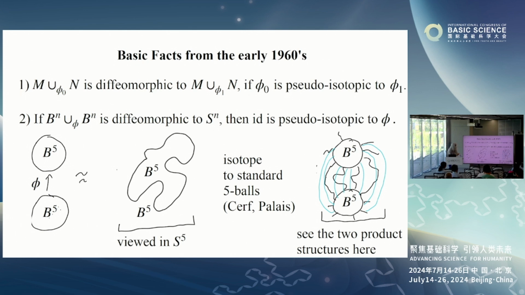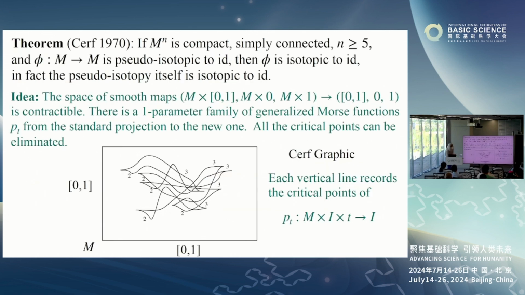Okay, so this is a basic fact. The first really big theorem in the subject is Cerf's theorem. He proved this awesome result that if you have a compact simply connected manifold of dimension at least 5, and phi is pseudo-isotopic to the identity, then in fact it's isotopic to the identity. In fact, the pseudo-isotopy itself is isotopic to the identity.